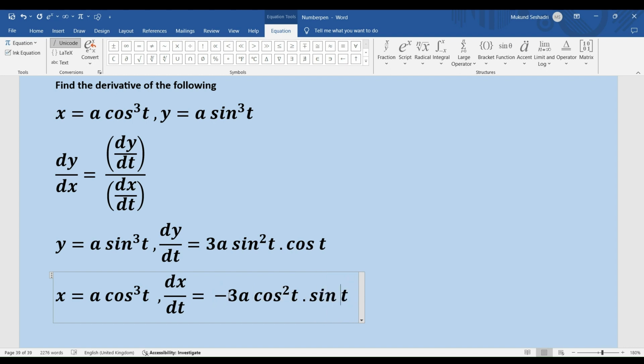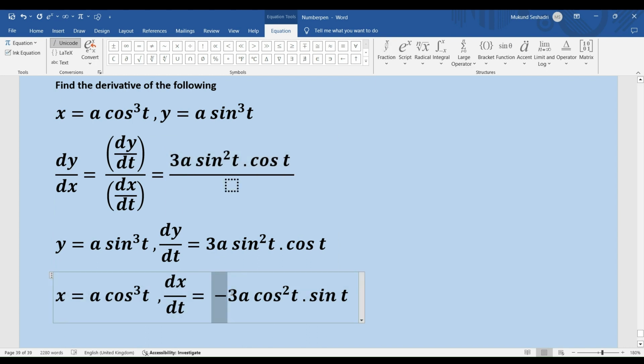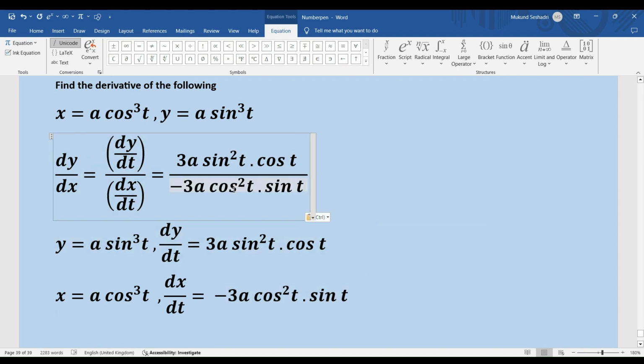So there I have my dy by dt and dx by dt. I go back to the dy by dx expression that we initially wrote, and then I put back my dy by dt and dx by dt, right? So my dy by dt is 3a sine square t cos t, and then my dx by dt is minus 3a cos square t sine t.